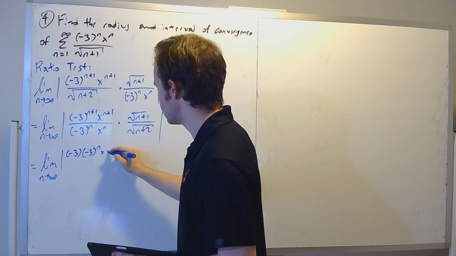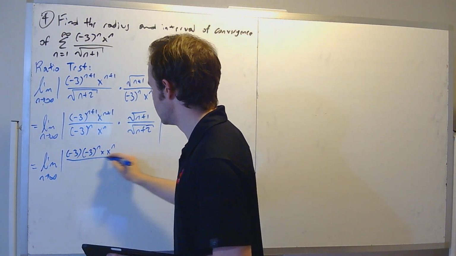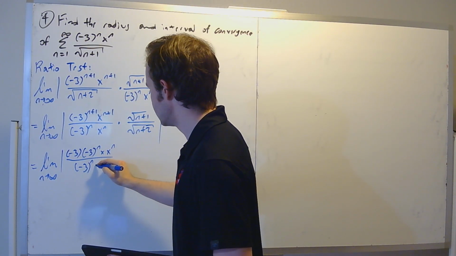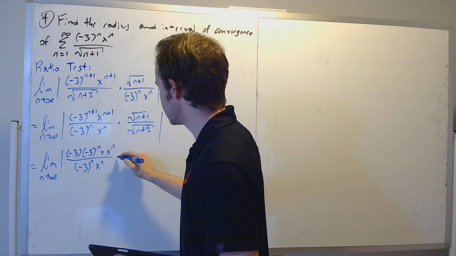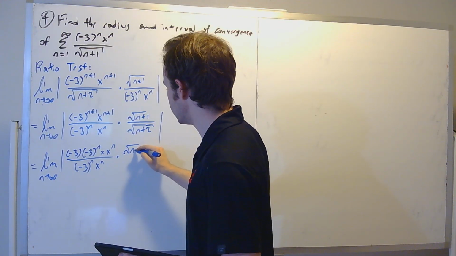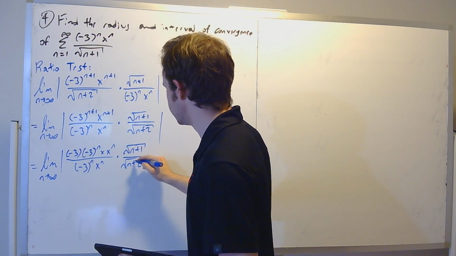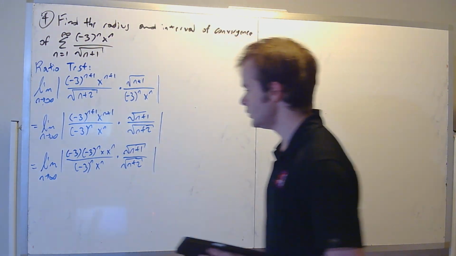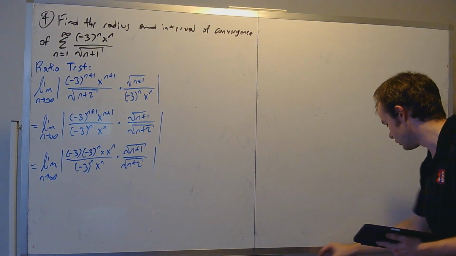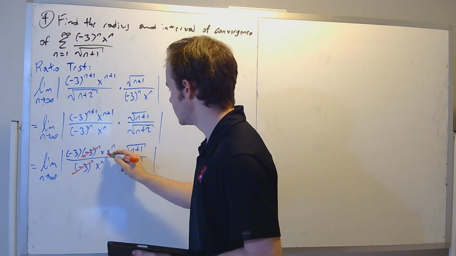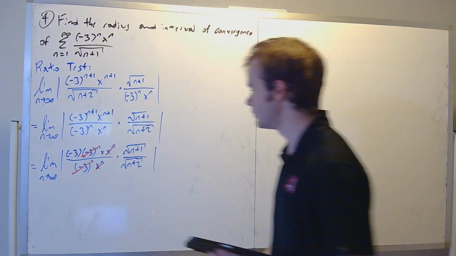So we've got x times x to the n over -3 to the n times x to the n. And again, we're multiplying by the square root of n plus 1 over square root of n plus 2. Okay, so now we can see what cancels. We're going to cancel this -3 to the n, and we're going to cancel this x to the n.